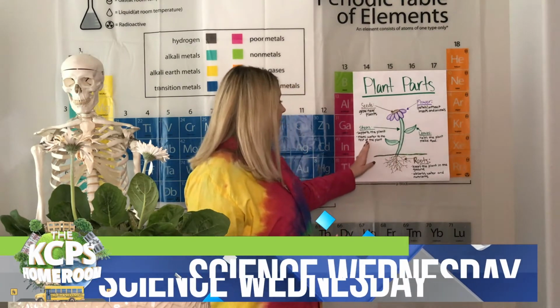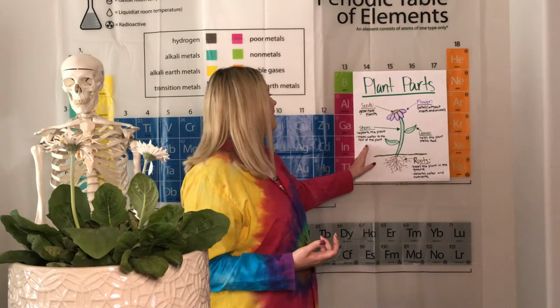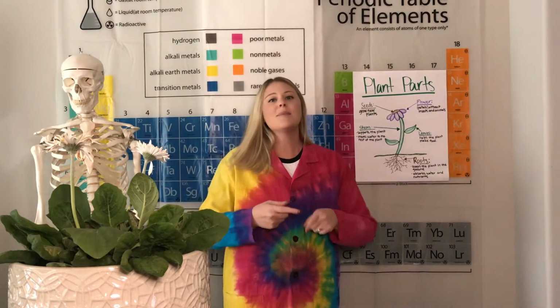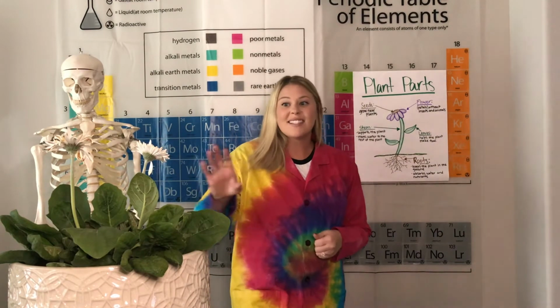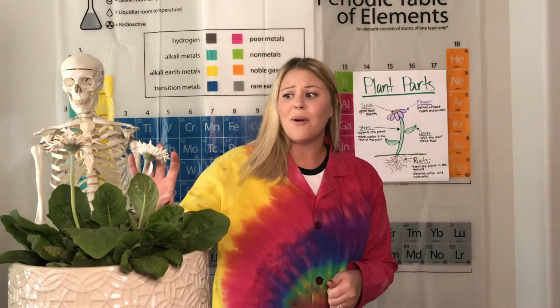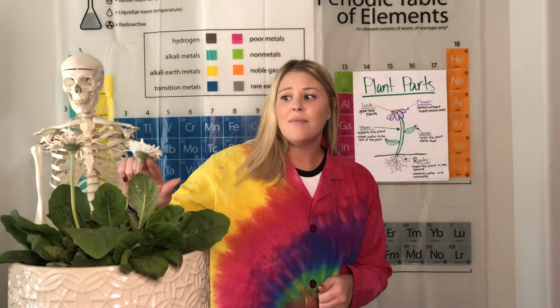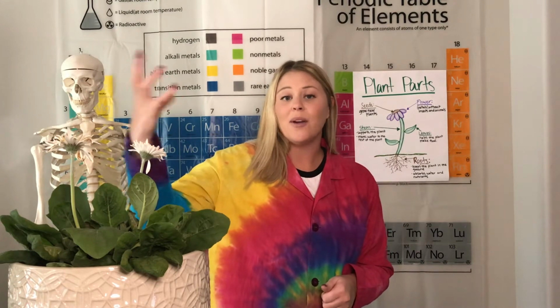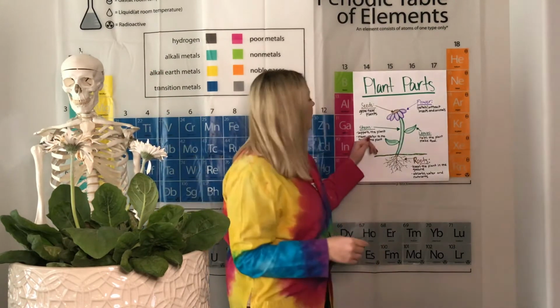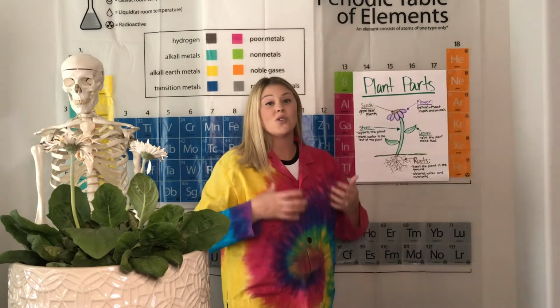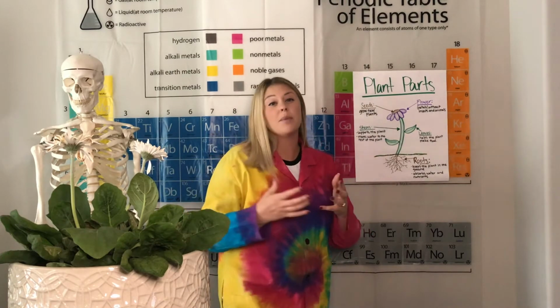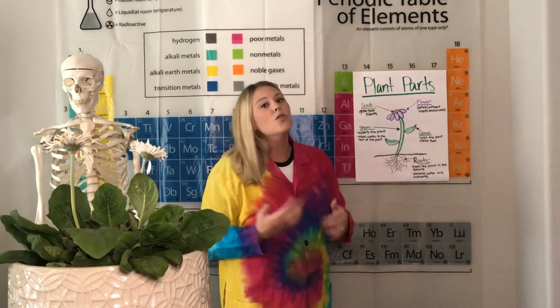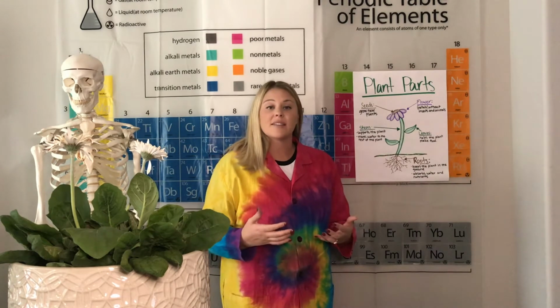Now the stem of a plant, scientists, is to support the plant. It keeps the plant upright. You can see in my plant over here, this flower, how the stem is going up. This stem is helping keep the flower up in the air. So it provides support, it gives it its structure or shape, and it also moves water through the plant.